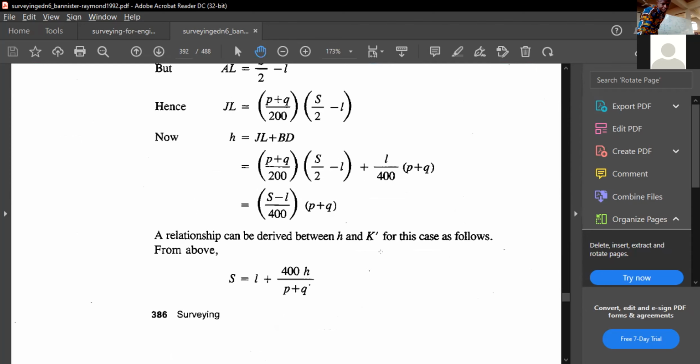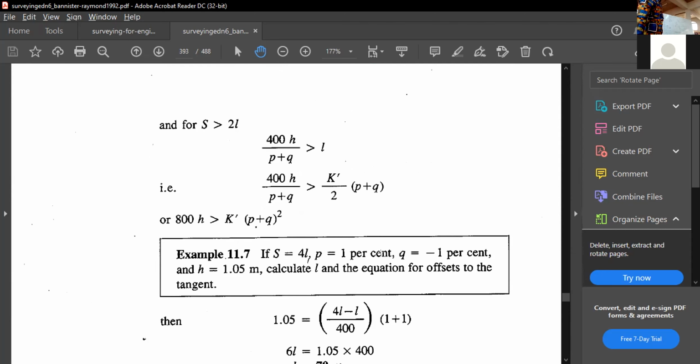We can also establish a relationship between S, the sight distance, and L, and then H, and then P plus Q. So S is equal to L plus 400 H over P plus Q. So that formula can be established.